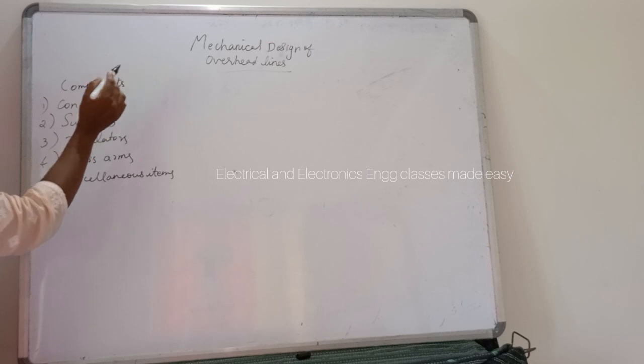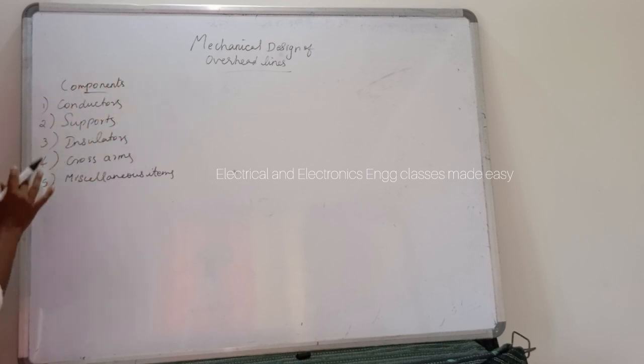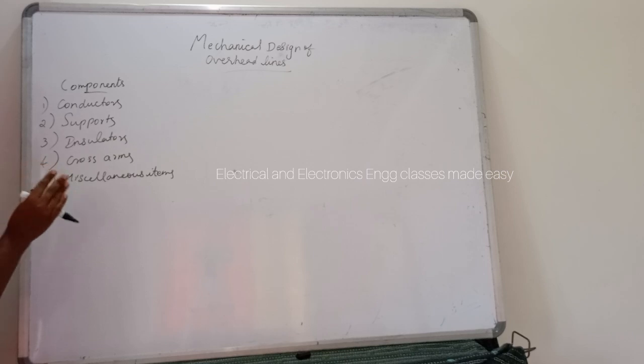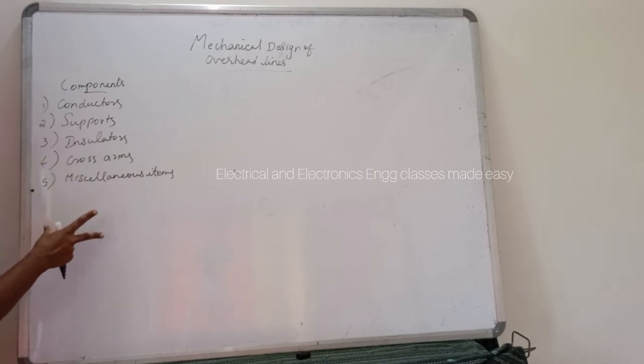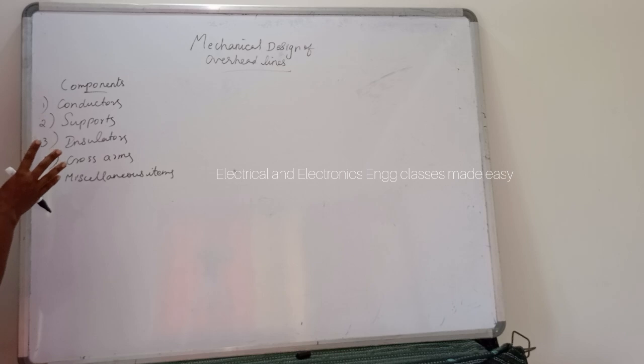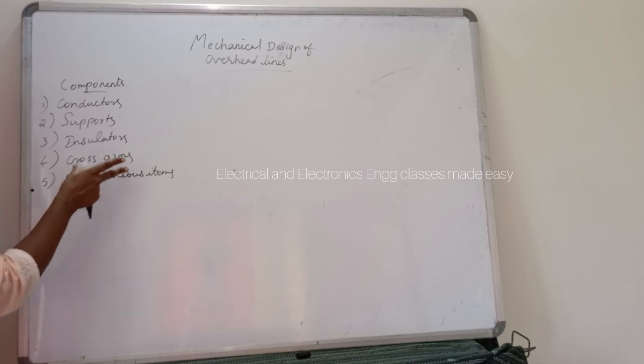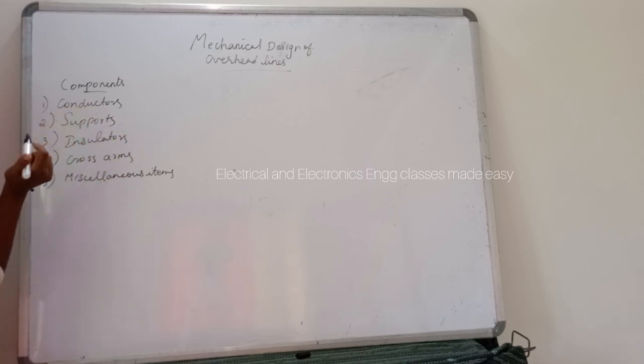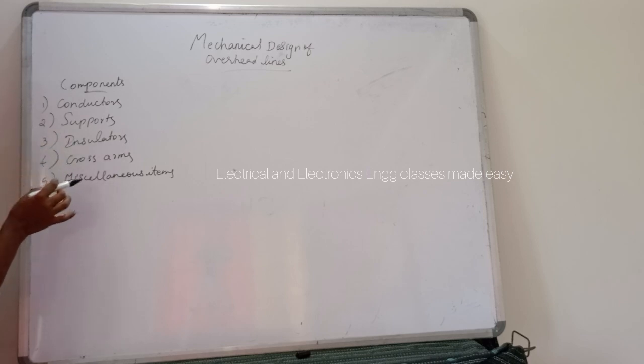So, an overhead line may be used to transmit or distribute electrical power, and the successful operation of an overhead line depends upon the mechanical design of the line. And the main components of an overhead line are conductors, supports, insulators, cross arms, and miscellaneous items.